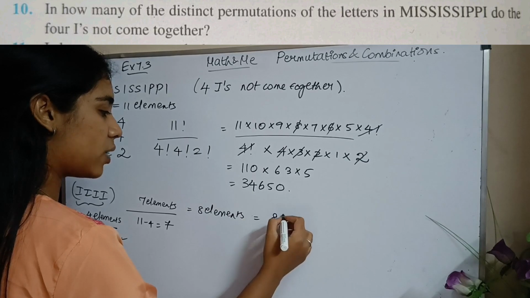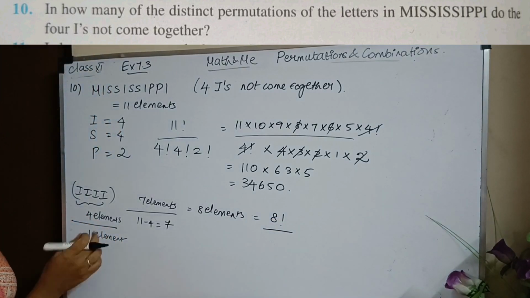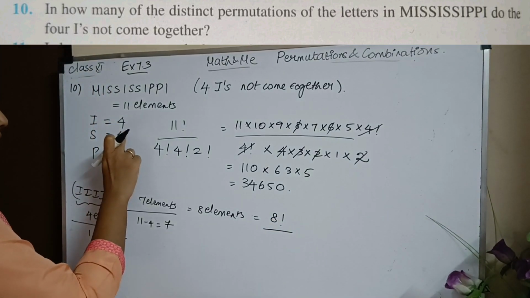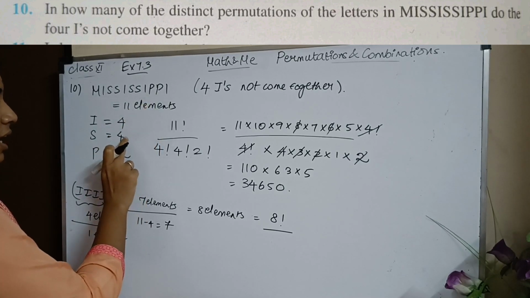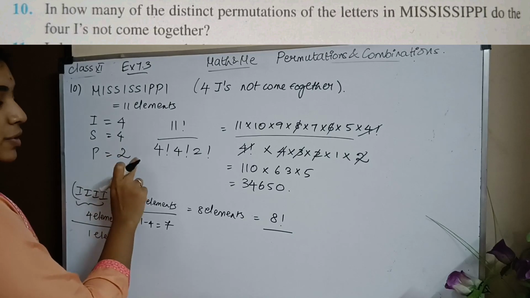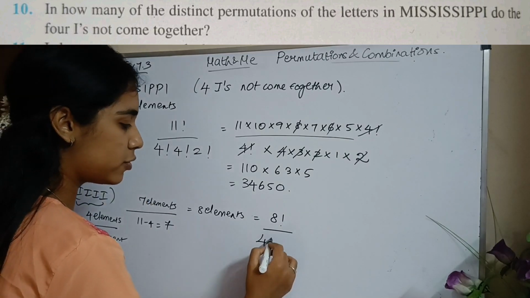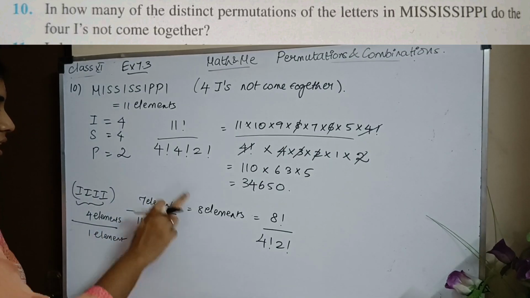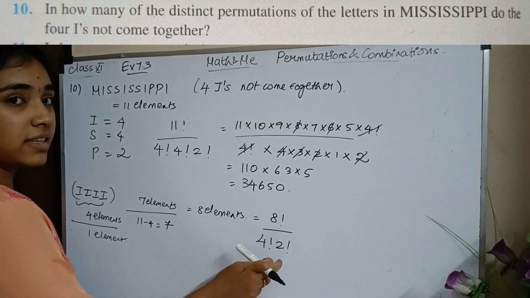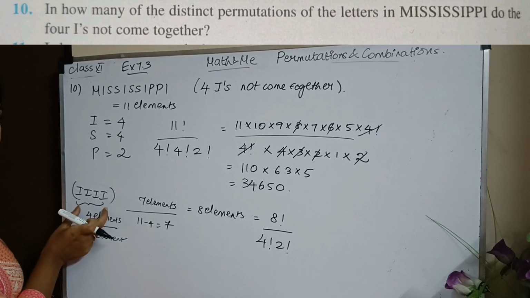Out of which, how can I arrange them? 8 factorial divided by the I's, which are all gone. I have 4 factorial times 2 factorial for the S's and P's. Neglecting the I, how many ways can S and P be permuted? 4 factorial divided by 2 factorial. This is representing the 8 elements in this way. Now I have 4 I's which are together.